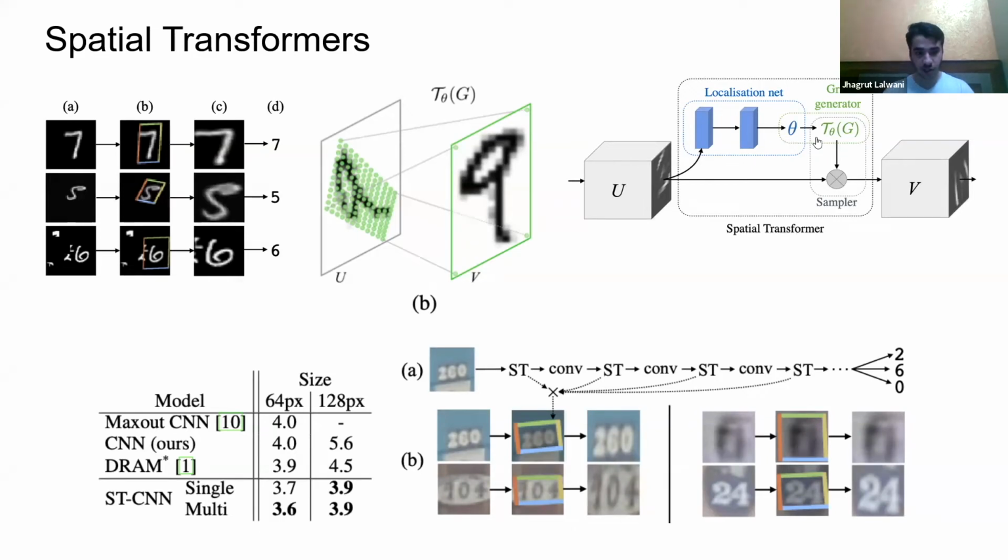So if you just focus on the last model evaluation, where a single spatial transformation is incorporated, the error values are 3.7 and 3.9. And then for when incorporating multiple spatial transformations, the values reduced to 3.6 from 3.7 for a 64 pixel image, and the value more or less remains the same for 128 pixels.